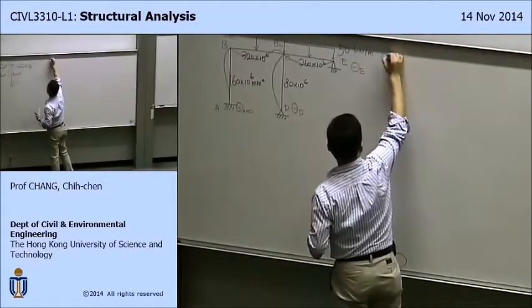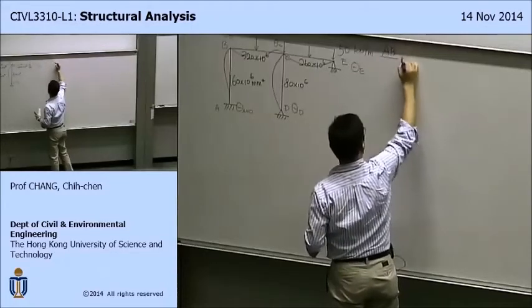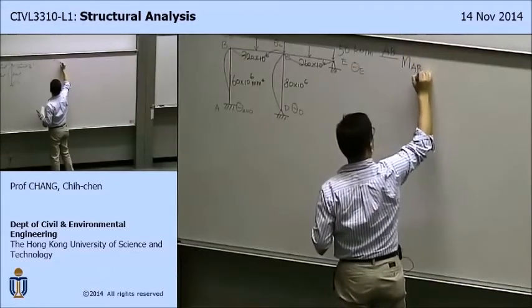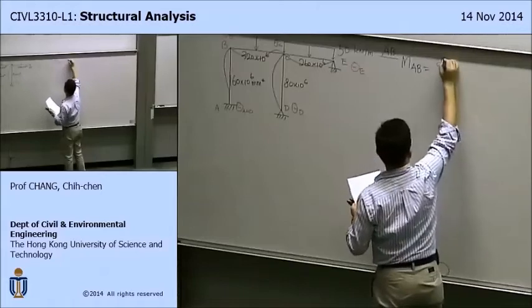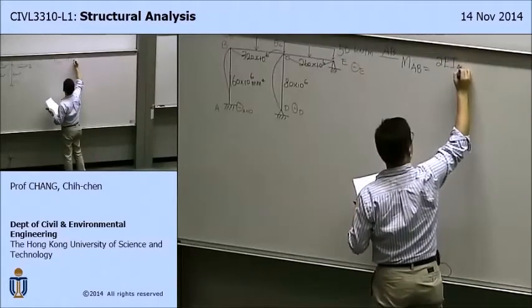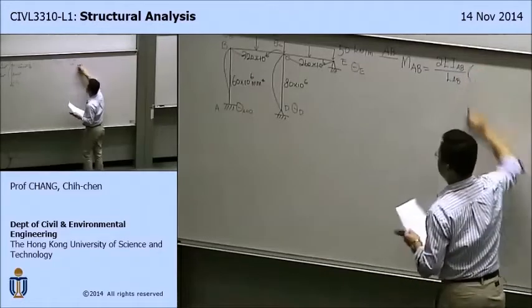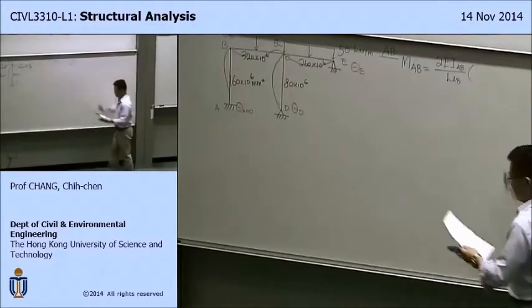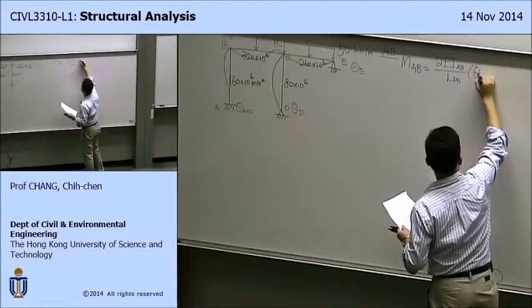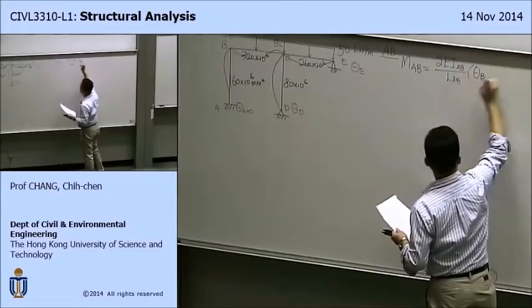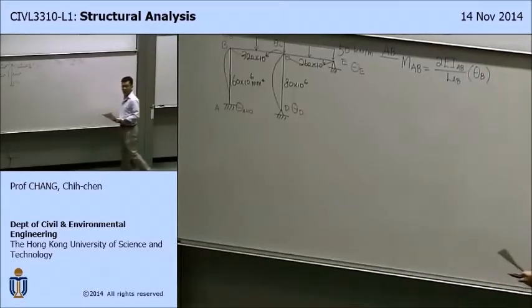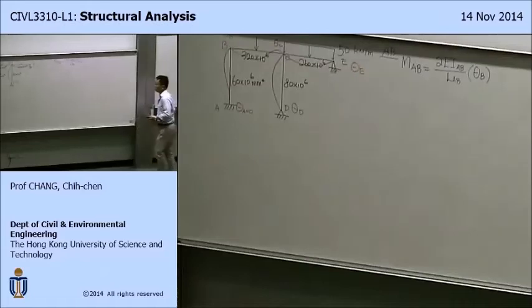So for the AB component, rotation angle theta A is equal to 0, so only 1 times theta B. No rigid body rotations, no fixed end moment because no external loads.